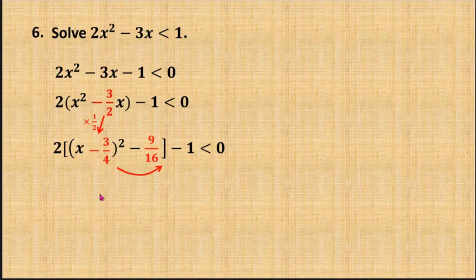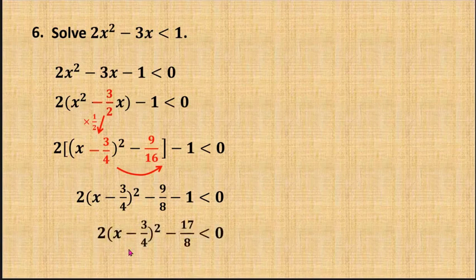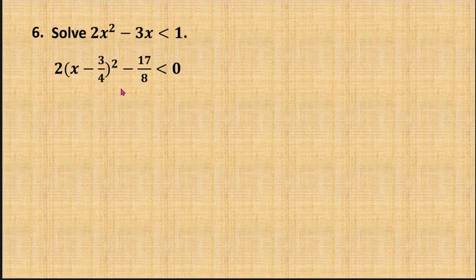After completing the square, we need to simplify the expression. First, we expand the 2. Then we combine the constant, and at the end, we got something like this. Now I'm going to sketch the graph by using transformation. First, the graph is a U shape because the coefficient of x power 2 is a positive term.